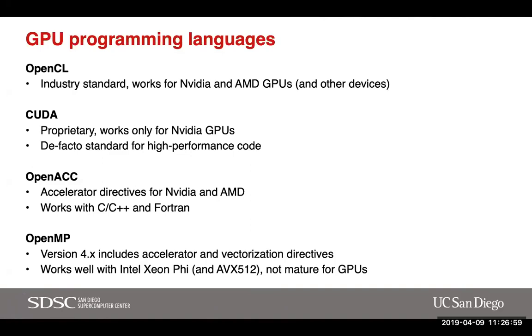So you would have a portable code that's similar to OpenMP. Now, OpenMP also has introduced accelerator and vectorization directives. That works well with Intel Xeon Phi and AVX512 vector extensions on CPUs, but is not mature at the moment for GPUs, I would say. So it's not something that's recommended at the moment if you want to develop a production code to run on GPUs.